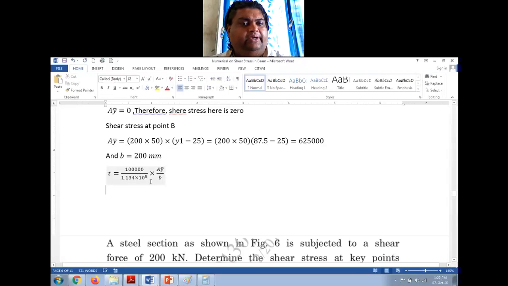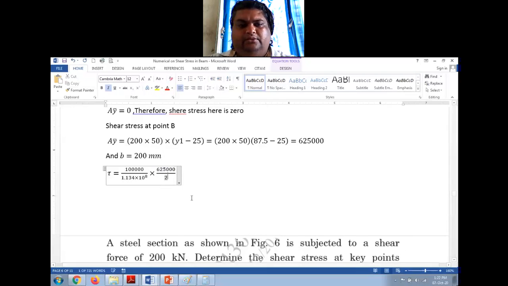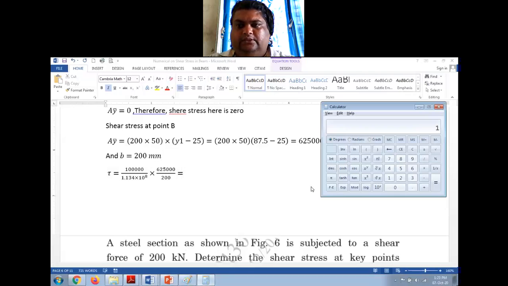So 100,000 by I is this value. A y bar, you can just put this value. So A y bar is this, divided by B, which is 200. So let us calculate this.